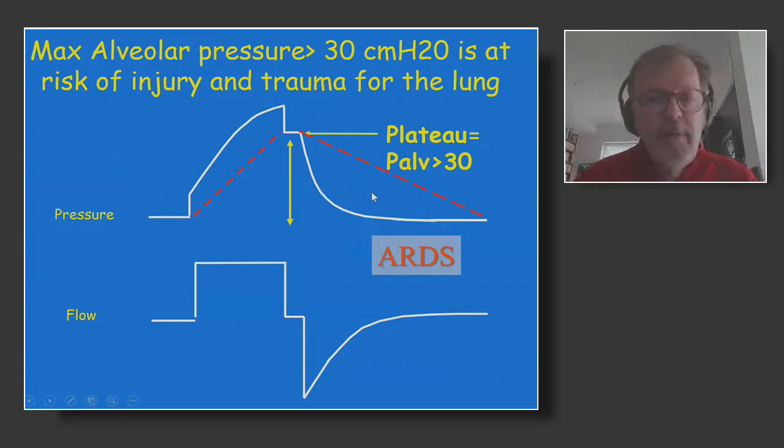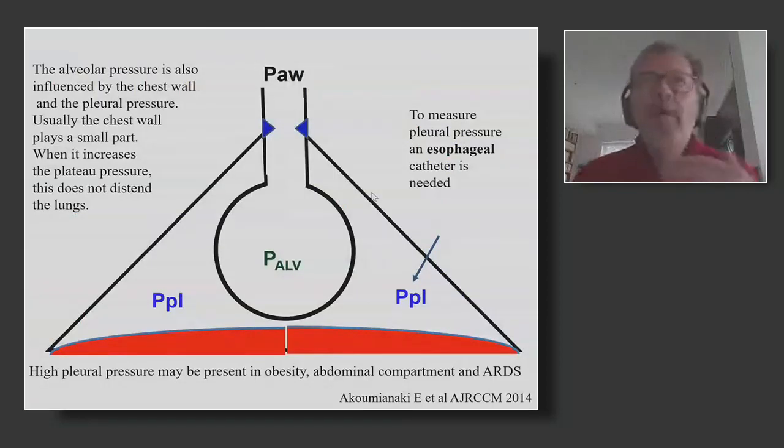So this is an important parameter because it may allow you to decide either to adjust your tidal volume or to adjust your PEEP. If you want to be more precise in whether this pressure is risky for the lung, you would ideally want to know the pressure surrounding the alveoli, which is called the pleural pressure.